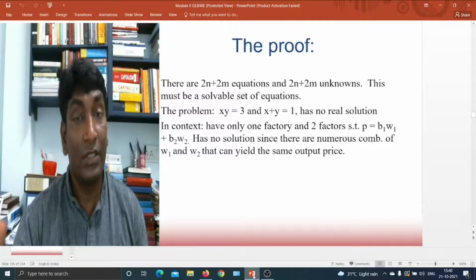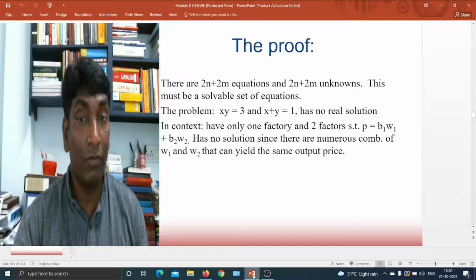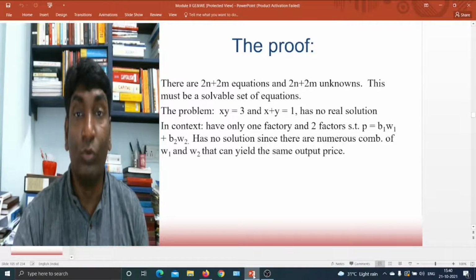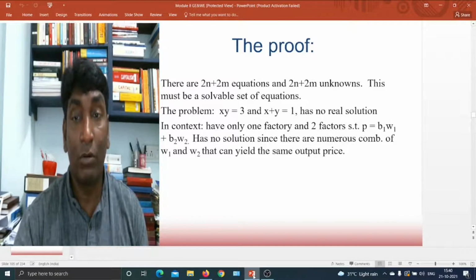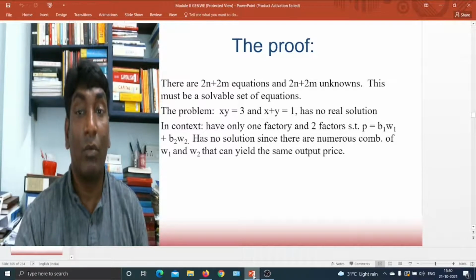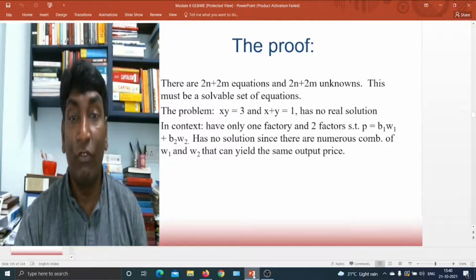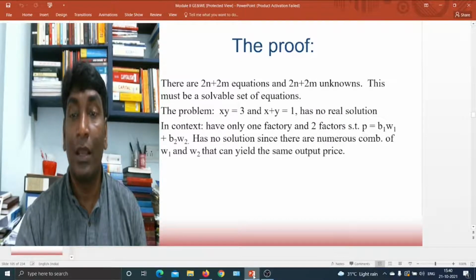So if it is an equilibrium, then you must have only one solution. You may have two equations and two unknowns, but the equilibrium is actually a single point. The proof of that particular case is that there are 2n plus 2m equations and 2n plus 2m unknowns, so this must prima facie be a solvable set of equations.